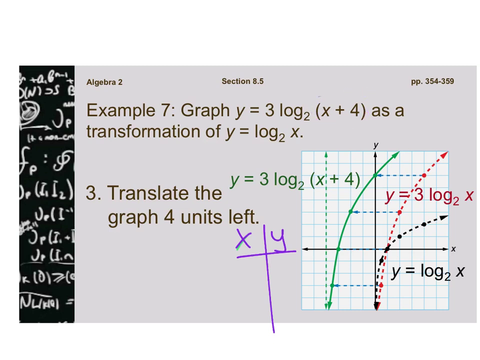I'm going to use my definition to rewrite it. So I have the base is 2. The outie is equal to the innie. The thing is, I have that weird 3. So what this is really saying, if I divide this by 3, is y over 3.